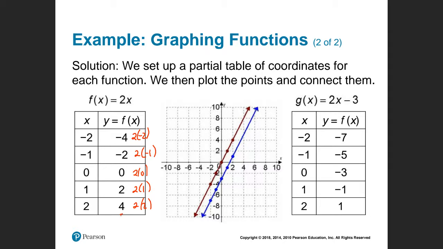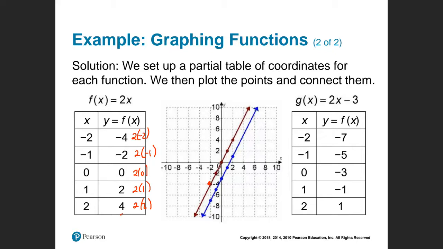Okay, so the coordinates are negative 2, negative 4; negative 1, negative 2; 0, 0; 1, 2; and 2, 4. So look at negative 2, negative 4. Here we go. Again, negative 1, negative 2, over here.